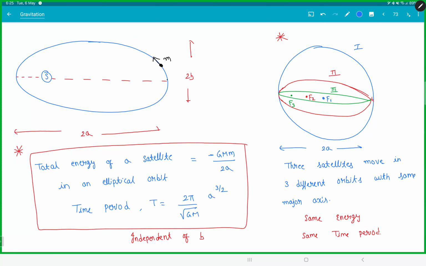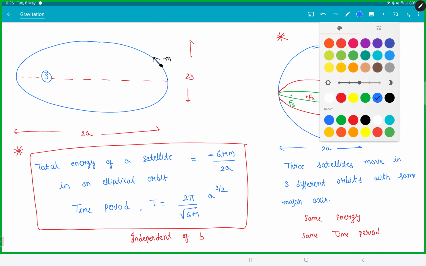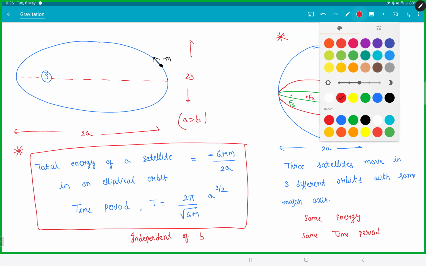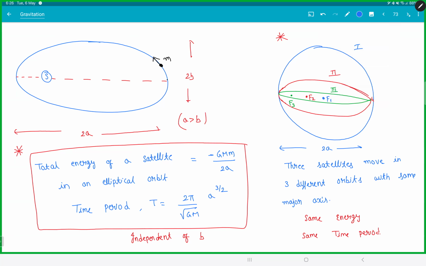It doesn't depend on b, but if b becomes greater than a, that means b has become the major axis. Any doubts on this? So this is how they'll ask questions on satellite.